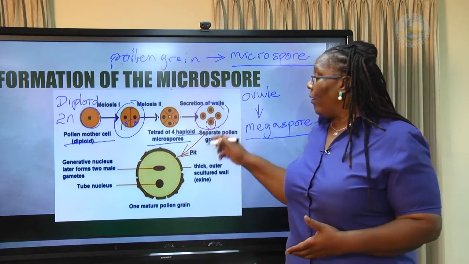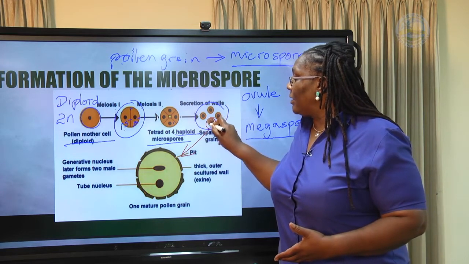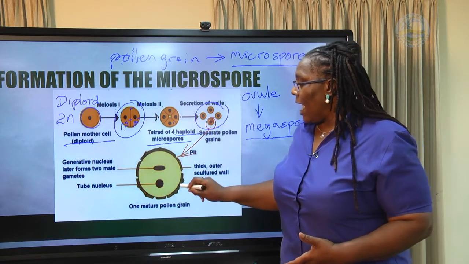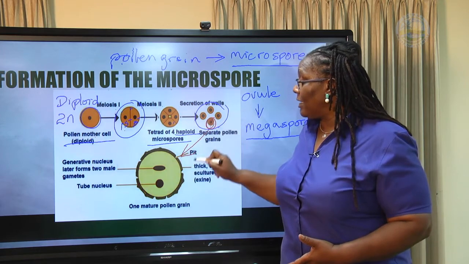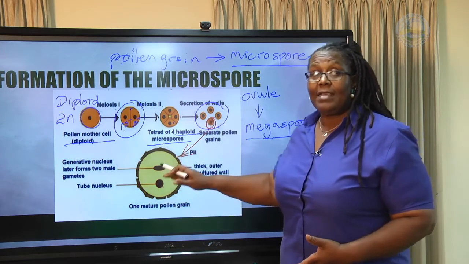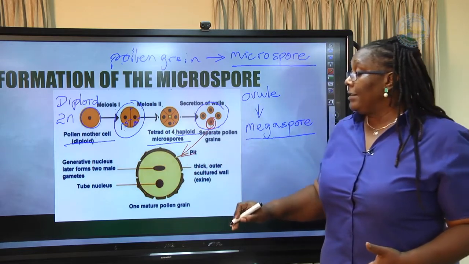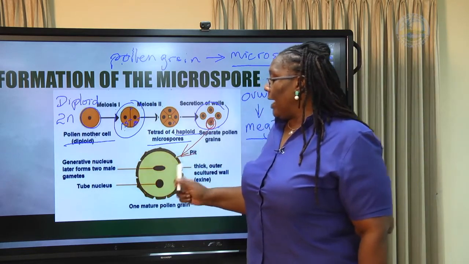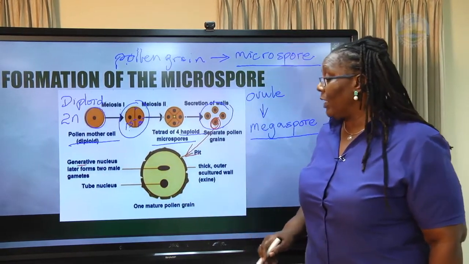So if we see here, this one cell with one nucleus inside of it went through the process of mitosis, and you now have two nuclei inside of it. So this one cell developed to form this thing. This is the pollen grain that is actually going to leave the anther and go out for pollination. The two nuclei, as you can see here, one is called the generative nucleus.